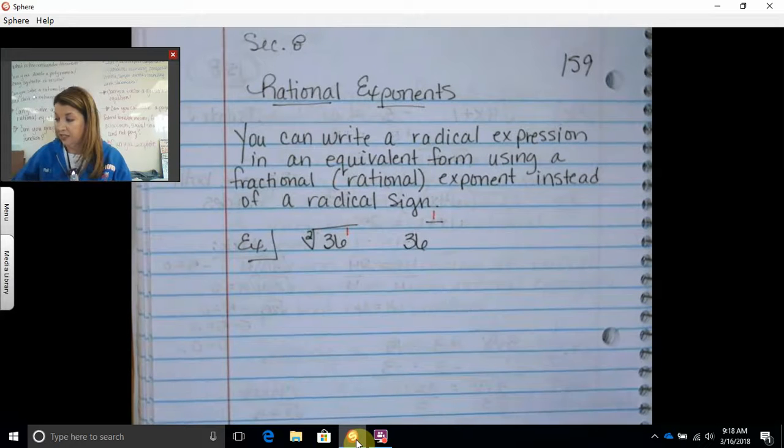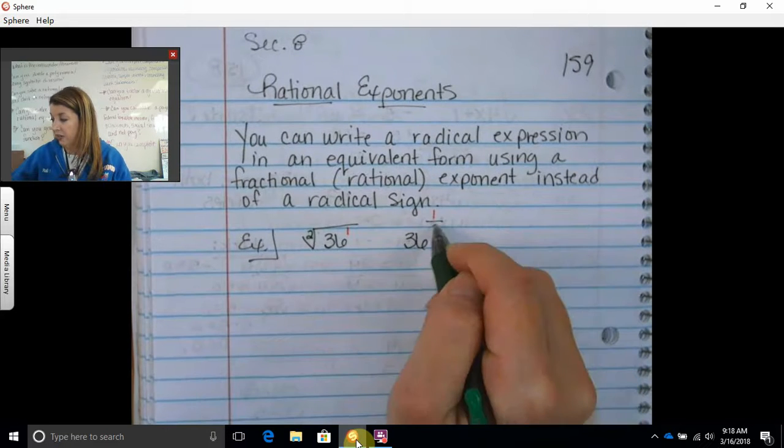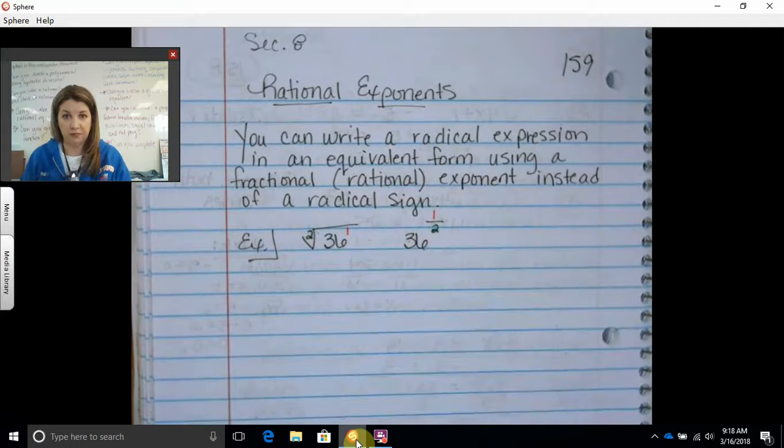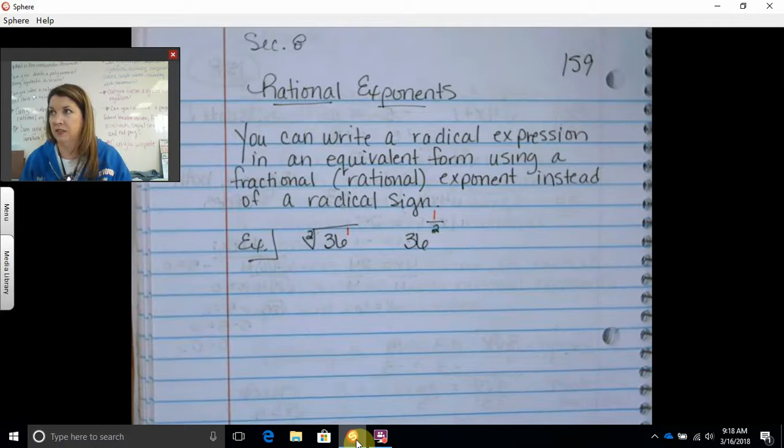The index is the denominator of the fraction. So if you see 36 raised to the 1/2 power, that's the same thing as the square root of 36. All right, it's just written in a different form. It's like a fraction converted to a decimal. They mean the same thing. They're just written in a different form.